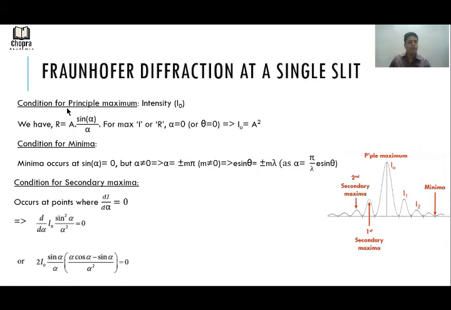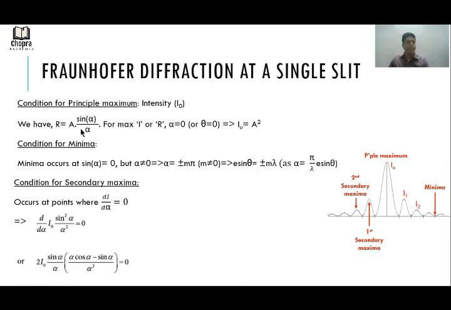So let me first start with the condition for principal maxima, wherein we are talking about the intensity I naught. We have R equal to a sine alpha by alpha. Now this intensity becomes maximum when R and I are proportional. So for maximum I or maximum R, alpha has to go to 0 ideally.